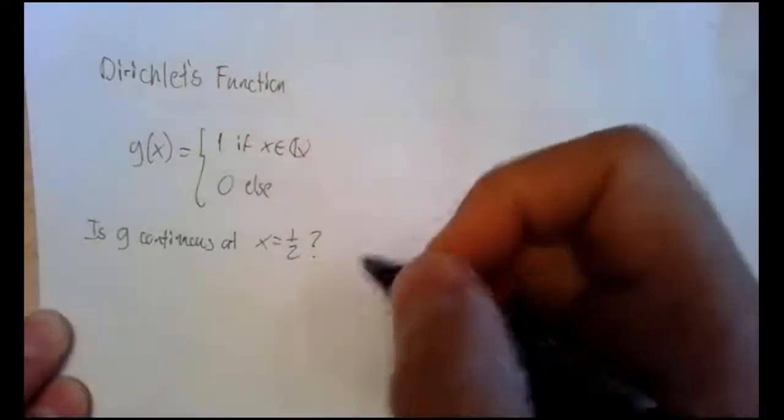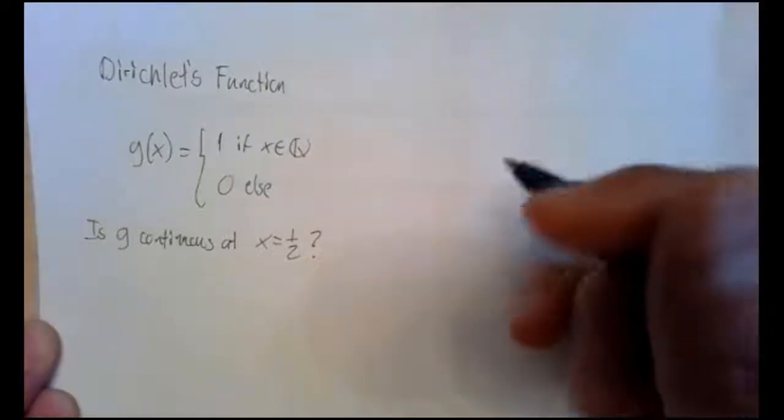And here's the thing though. For this function to be continuous at 1/2, it would mean that if we get a sequence of numbers that get close to 1/2, the function should be getting close to g of 1/2, right? That's the definition of continuous, the intuitive way. I mean, I haven't defined it properly yet, but you know the definition already.